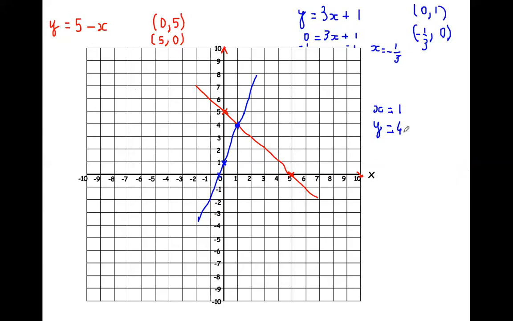Now we can quickly check that this point here, 1, 4, belongs to both lines. So 4 for y, 5 minus 1 is 4. So I can check that is working okay. And for the next one, 3 times 1 plus 1 is 4.